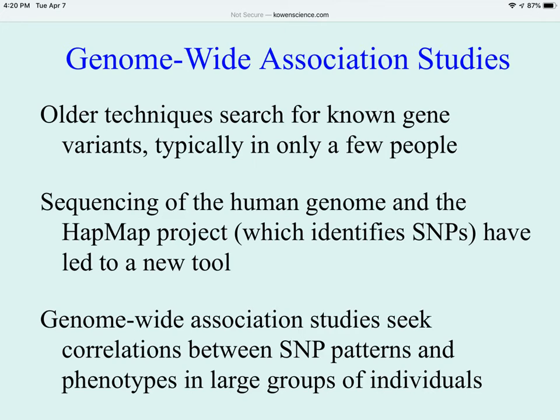So the Genome-Wide Association study is used, they set this up to sequence the human genome, and then they started identifying SNPs, and by identifying SNP patterns, that shows that individuals that have these same SNP patterns are more prone to have certain conditions.